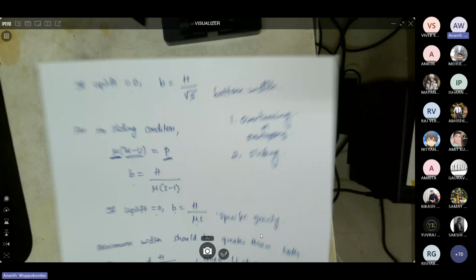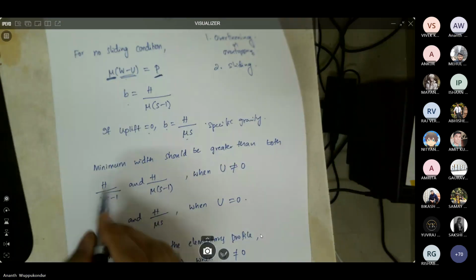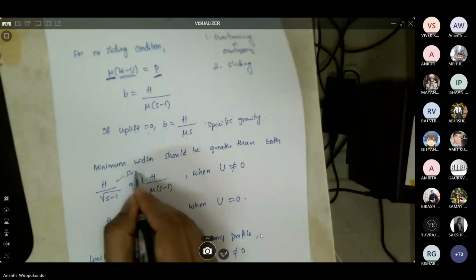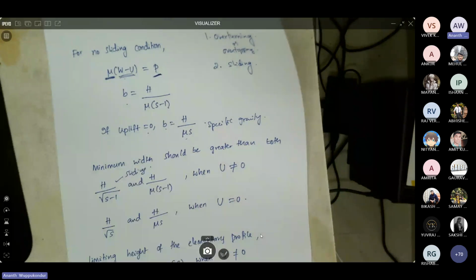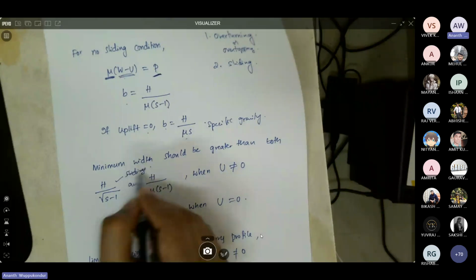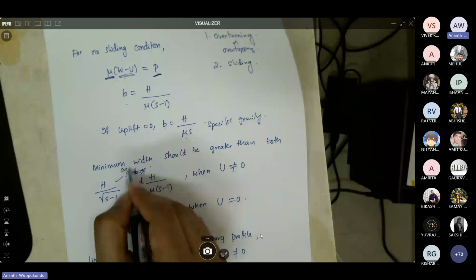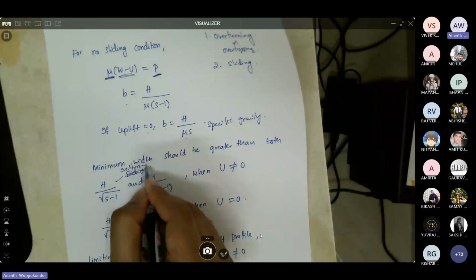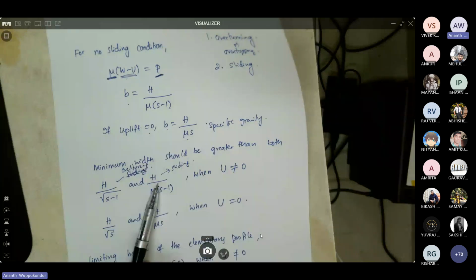So this is because of overturning, and this is because of sliding. So the dam width B should be more than both of these two calculated widths.